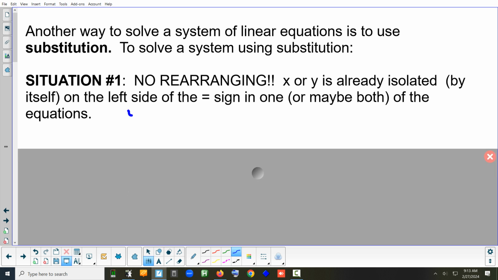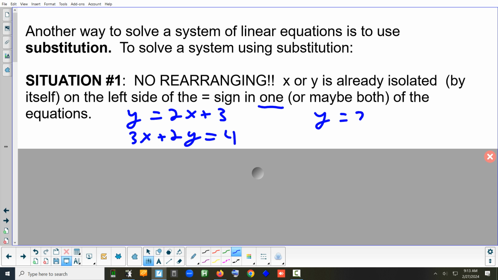Okay. So here's an example. If you look at this one, which equation there already has a letter by itself? The top one or the bottom one? The top one. And which letter is by itself? Y. The y. So that's an example where there's a letter by itself in one equation.